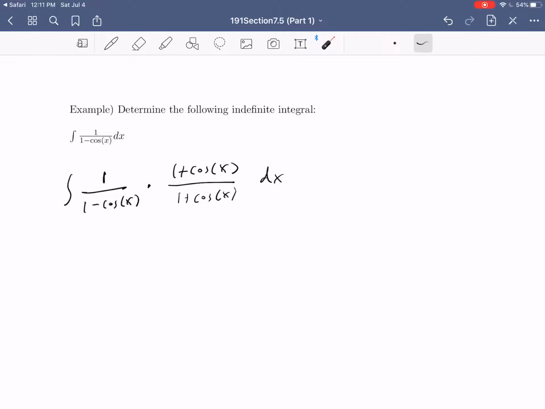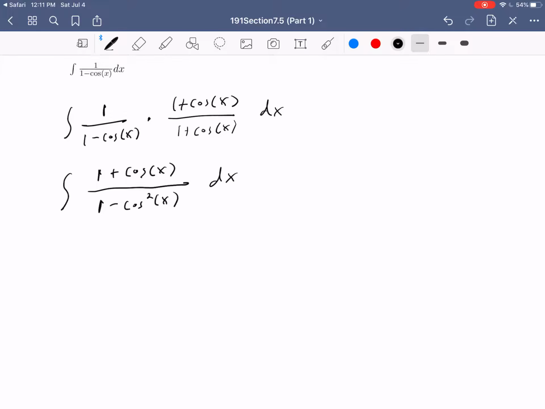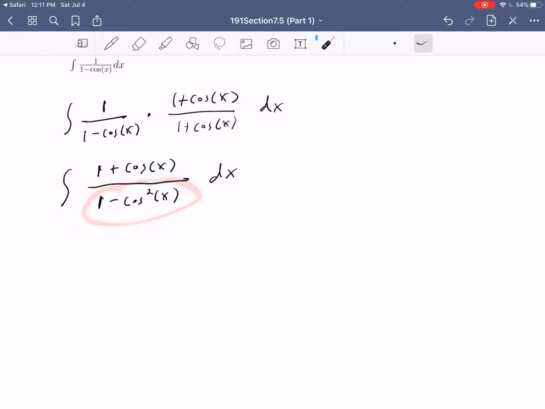The conjugate guarantees there'll be no cross terms, so everything's either going to be a constant or a cosine squared. So if we do that, we get 1 plus cosine x up top, and in the denominator, we get 1 minus cosine squared. Now, the whole idea was that 1 minus cosine squared we might be able to manipulate, and we can. We can write that as 1 plus cosine x over sine squared.